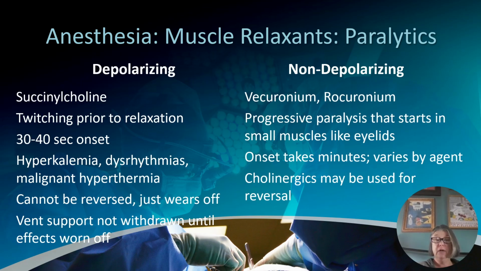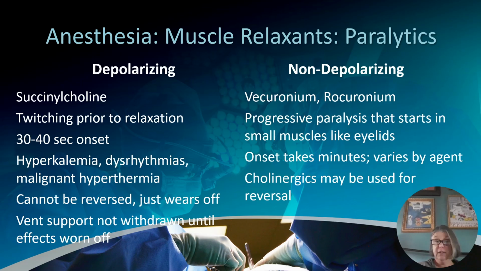Non-depolarizing agents. So here we have some paralytics, vecuronium, rocuronium. We actually used to use rocuronium when we were doing bedside bronchs, and our physicians decided to no longer allow vecuronium. They decided that it was too dangerous as a paralyzing agent, and with rocuronium you pretty much get the same effects, and it's not as risky as vecuronium.